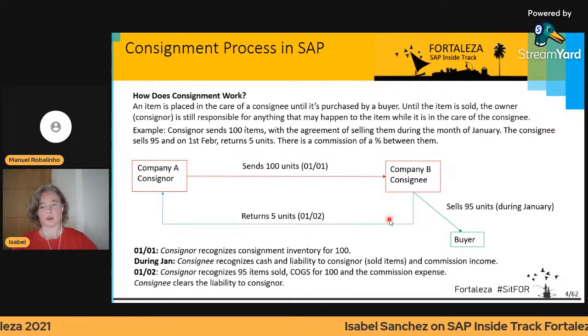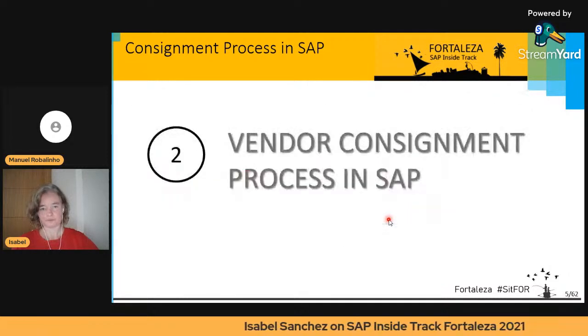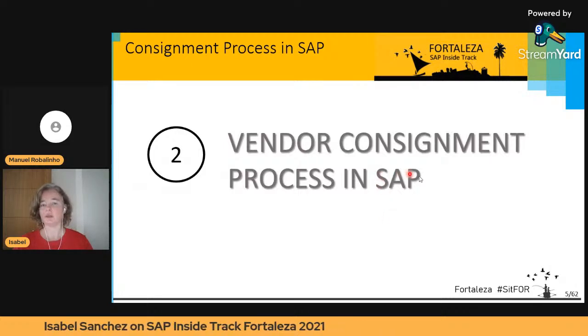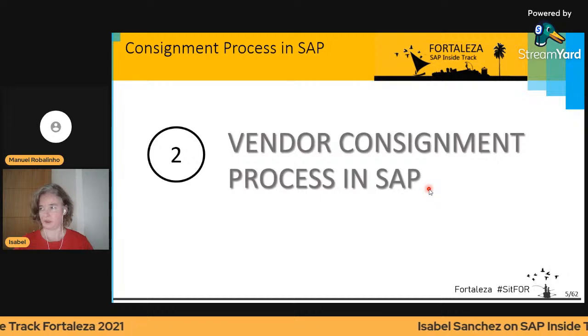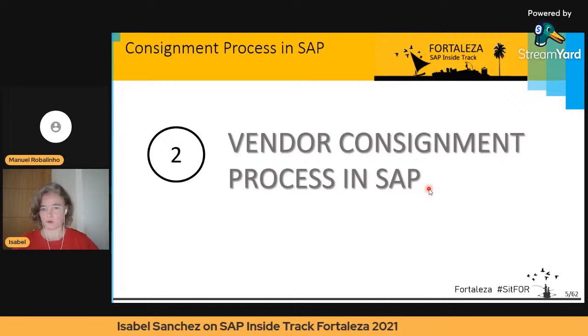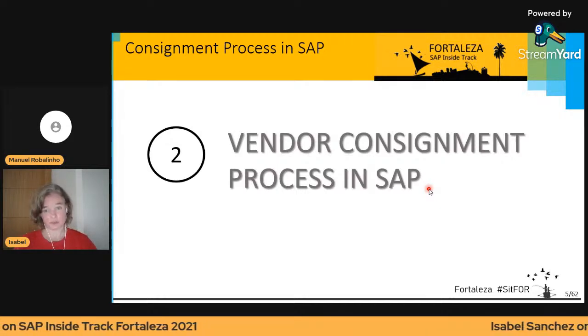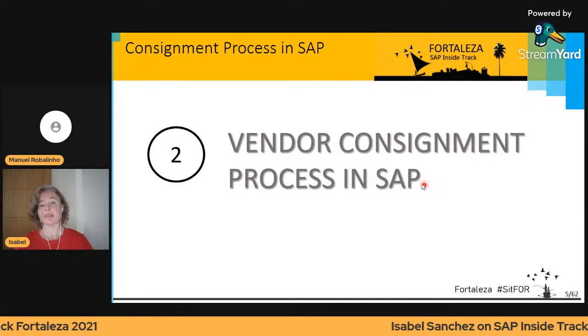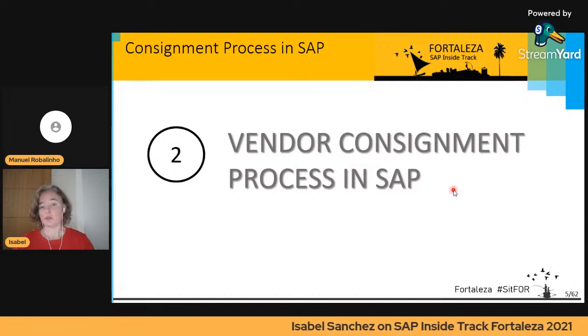So let's move on. I will start with the vendor consignment process in SAP. As I told before, there are two processes, vendor consignment and customer consignment. I will start with the vendor consignment process.